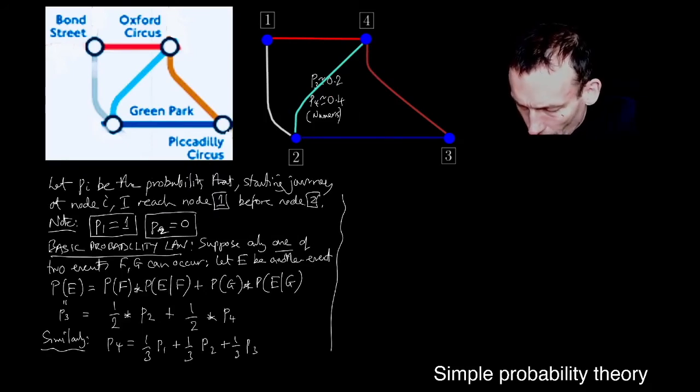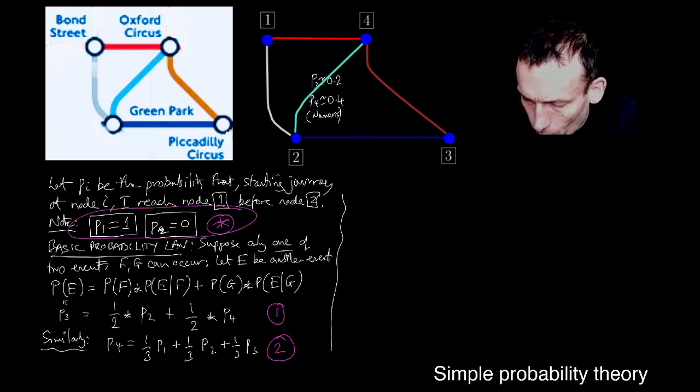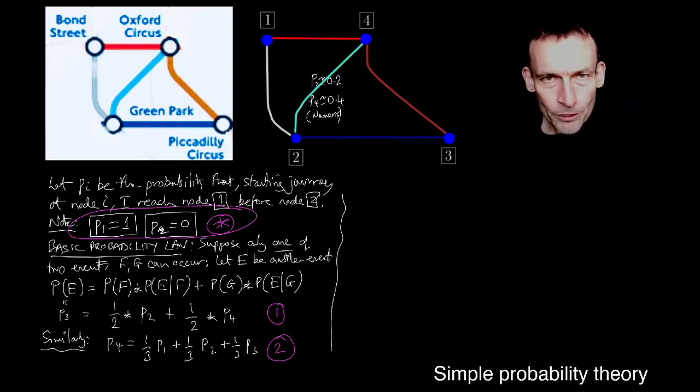But now, I've got two equations, let's call them 1 and 2, and these two conditions here, which give me the values of P1 and P2. So I've essentially got 4 equations for 4 unknowns. So I should be able to solve these equations.